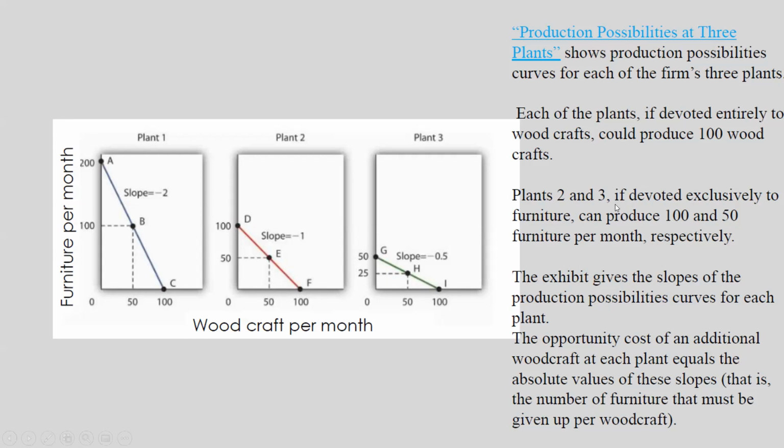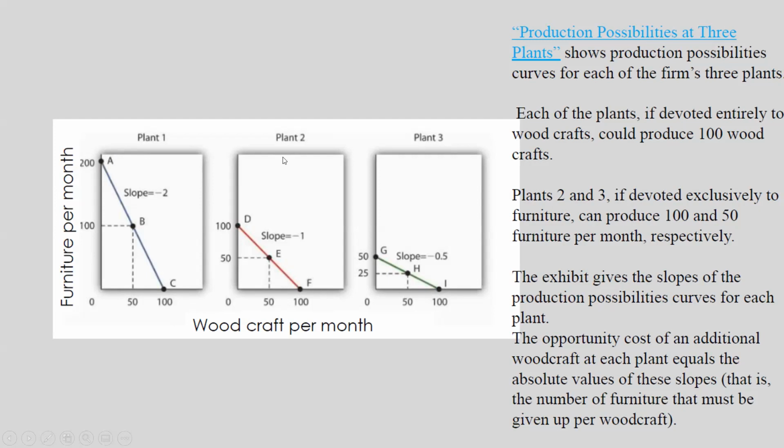And if we devoted exclusively to furniture, in the first plant we'll be able to produce 200 furniture because it was initially introduced to produce furniture, and later it has been used to produce woodcraft as well.